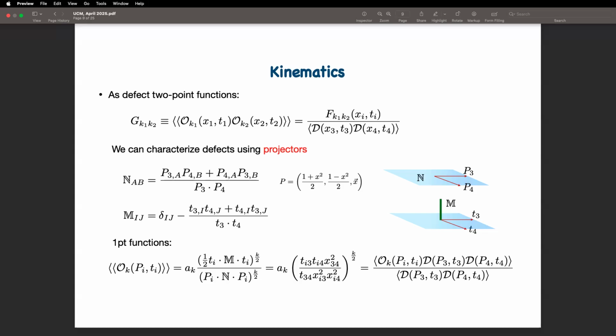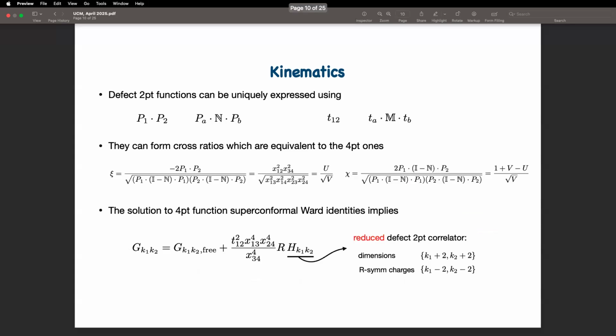Also, this one-point function tells you that for the 4-point function, we should similarly divide by the 2-point function in order to define a defect 2-point function. Now, for these defect 2-point functions, symmetry is no longer powerful enough to completely fix the correlator for you.